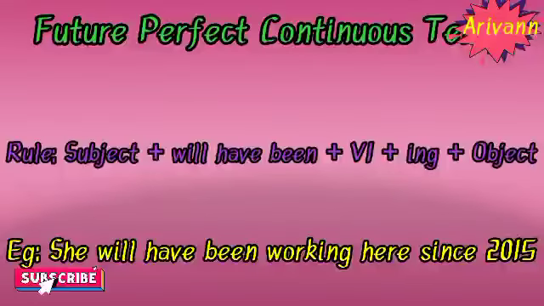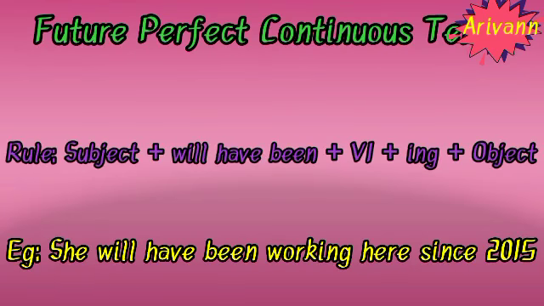The next one is future perfect continuous tense. To form future perfect continuous tense, the rule is subject plus will have been plus verb 1 plus ing plus object. So see the example. She will have been working here since 2015.